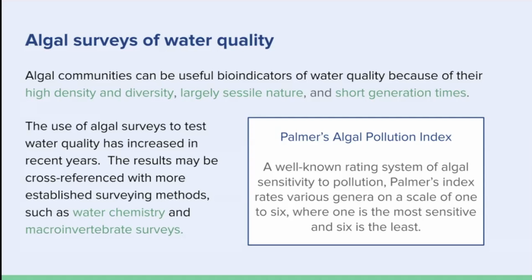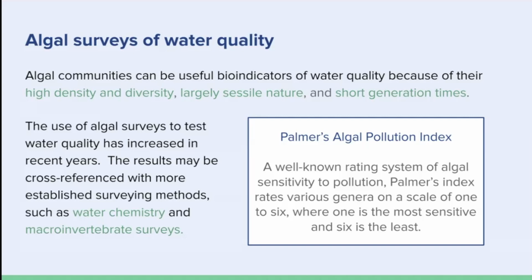The use of algal surveys to test water quality has increased in recent years, but because it is still a newer technique, oftentimes it's cross-referenced with more established water quality surveying methods, like water chemistry and macroinvertebrate surveys, which we will do later on.